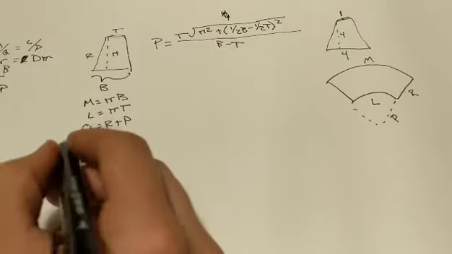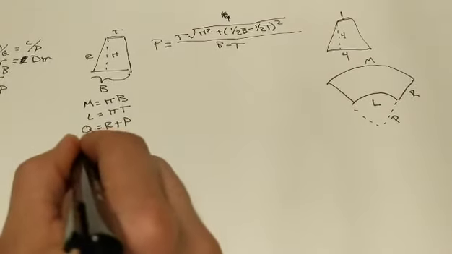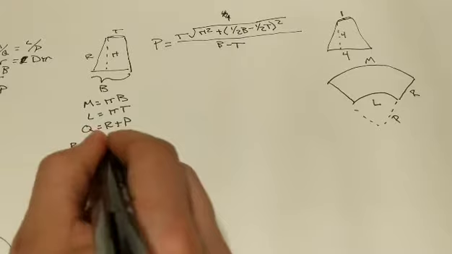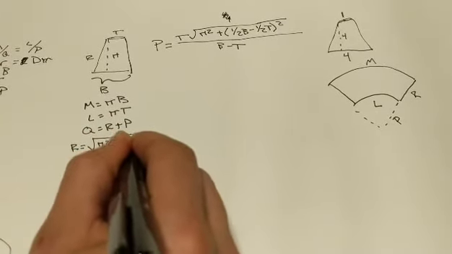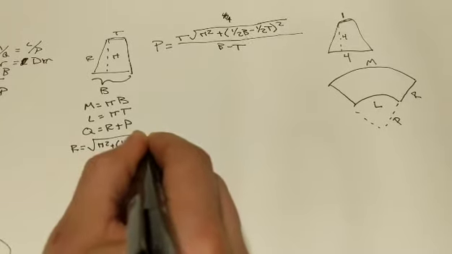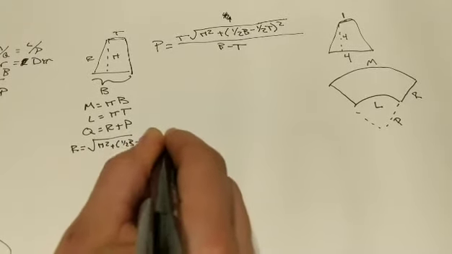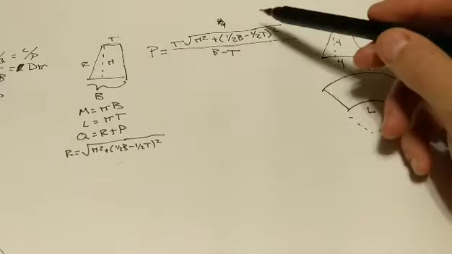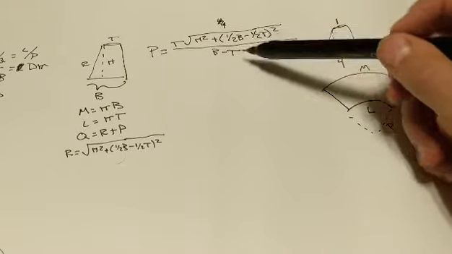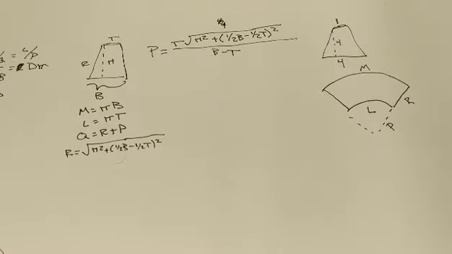And if we have forgotten, R is equal to the square root of h squared plus 1/2 b minus 1/2 t squared, which happens to be right in there. So in solving for P, we'll also find what R is.